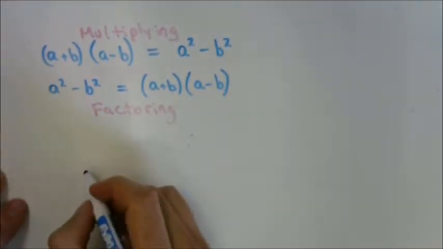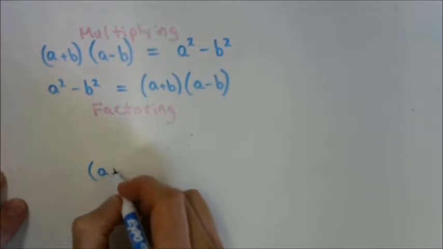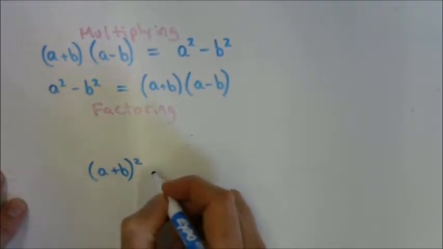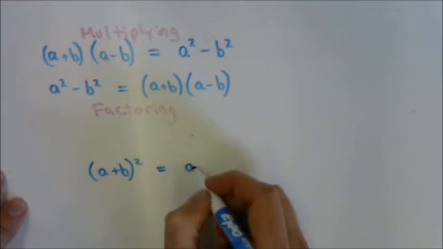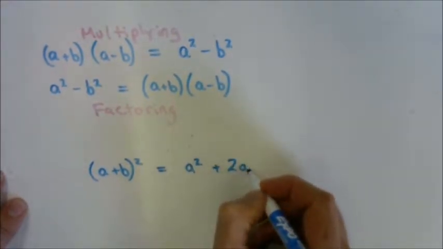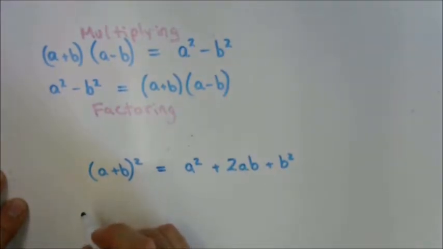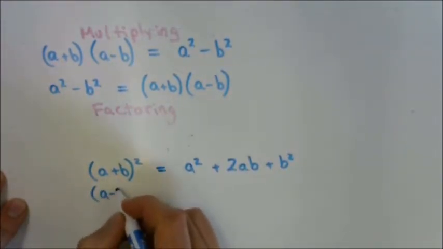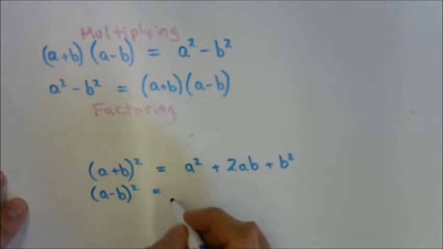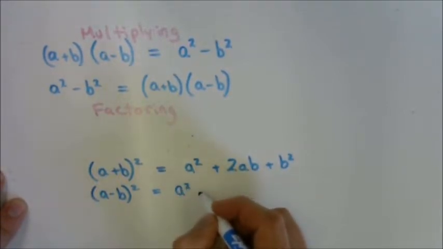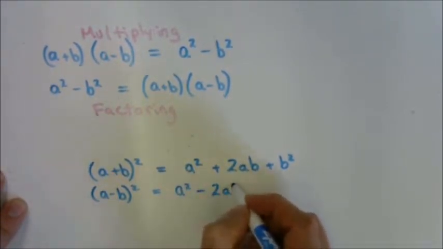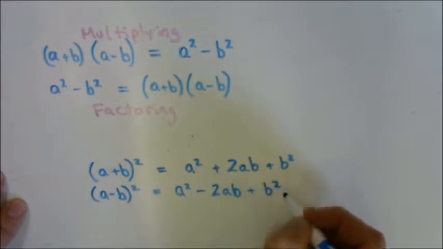What else did we see? We also saw that a plus b squared is equal to a squared plus 2ab plus b squared, and that a minus b squared is equal to a squared minus 2ab plus b squared.